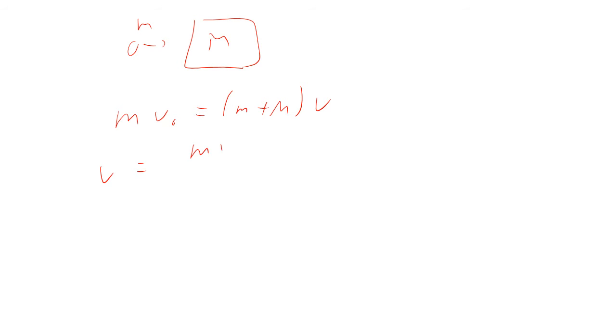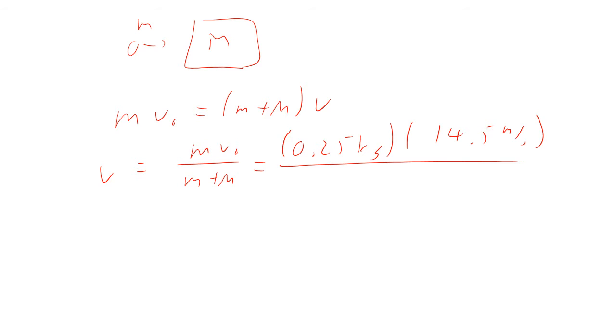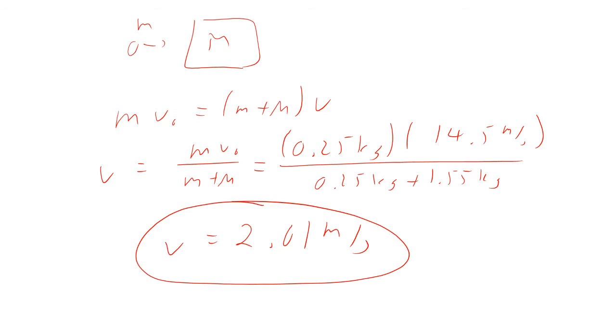So v equals m v naught over m plus M, and that's going to equal 0.25 kilograms times 14.5 meters per second divided by 0.25 kilograms plus 1.55 kilograms, and so that comes out to be 2.01 meters per second. Okay, and so the next question would be, well, in that case, what is going to be the amplitude?